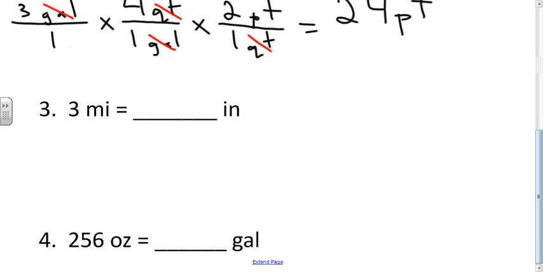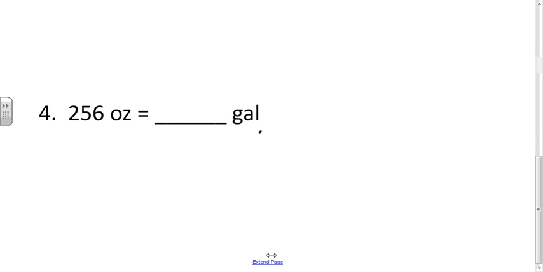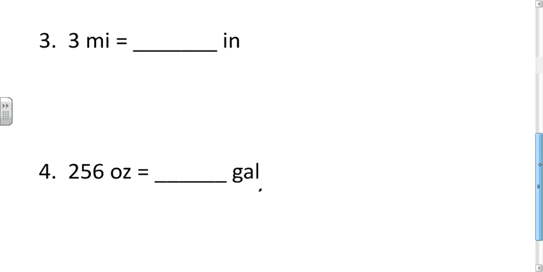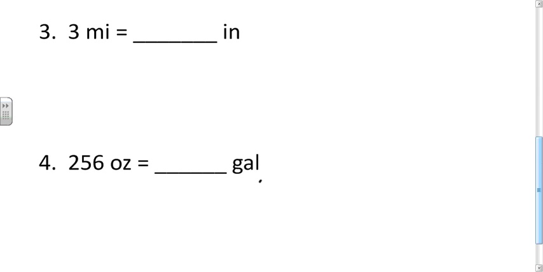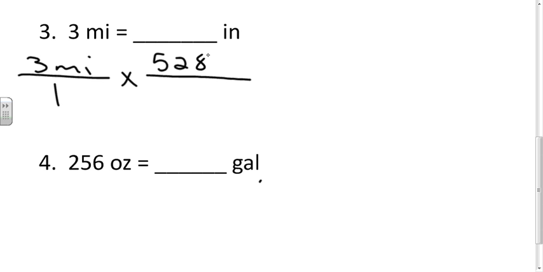All right, just a couple more to do. I want to go from miles to inches. So I start with 3 miles over 1, times... I know there are 5,280 feet in 1 mile.